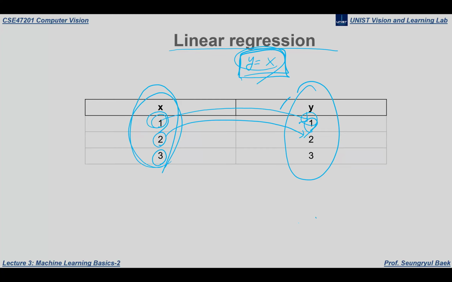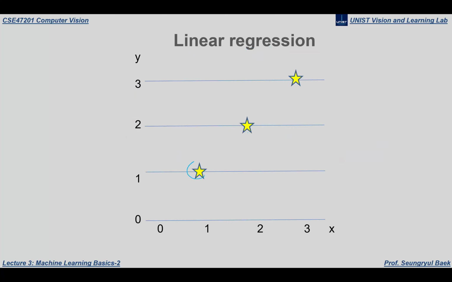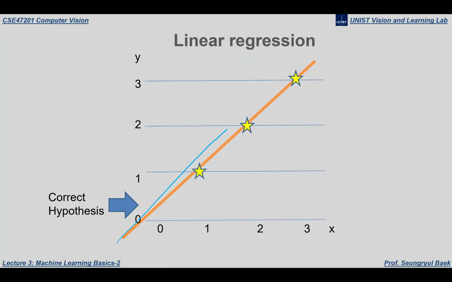First, we are given this data: 1 comma 1, 2 comma 2, 3 comma 3. We can represent those 3 samples in this 2D graph. Are you guys following? Our aim is to find some straight line.